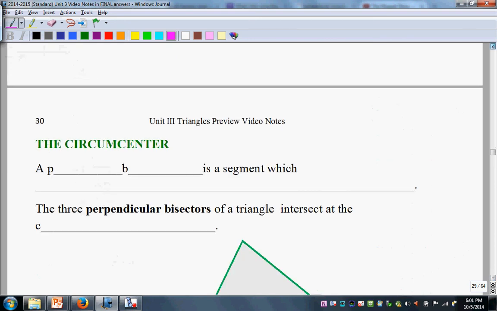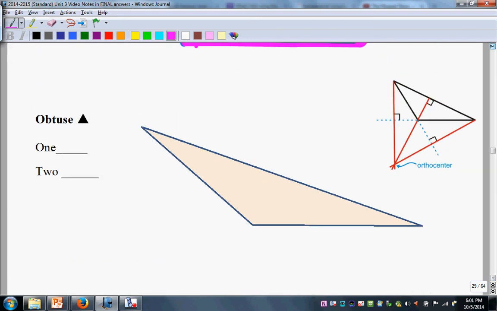For an obtuse triangle, things get really interesting. We have one altitude which is inside. So corner, right angle. Now it's impossible to get another corner and right angle either inside or on.